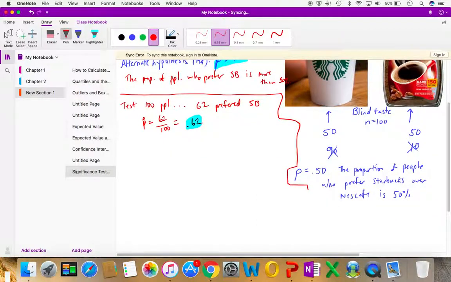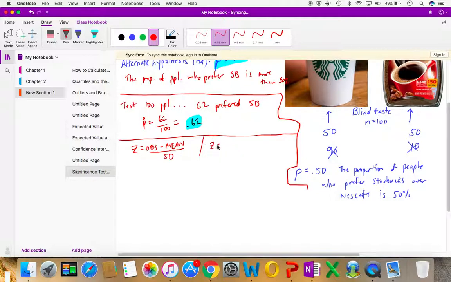We calculate a z-score. If you remember, the formula we've used before is z is equal to the observation minus the mean, all over the standard deviation. Now, for significance testing, I like to use a similar format, and this is just my way of doing it.